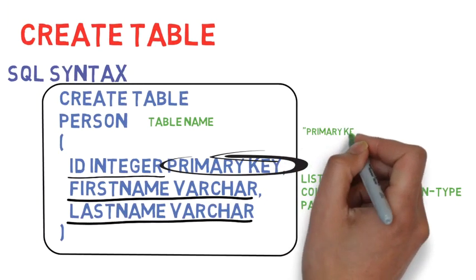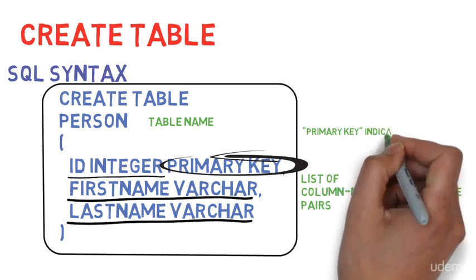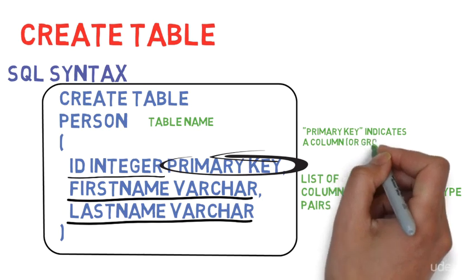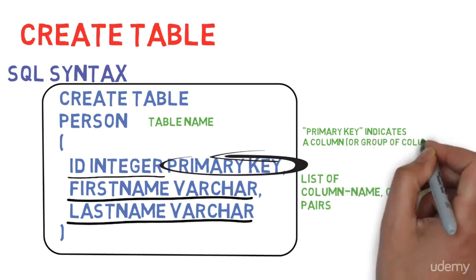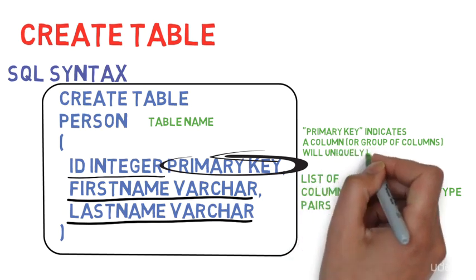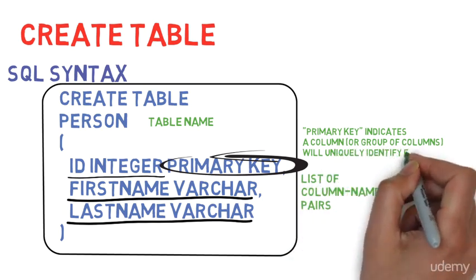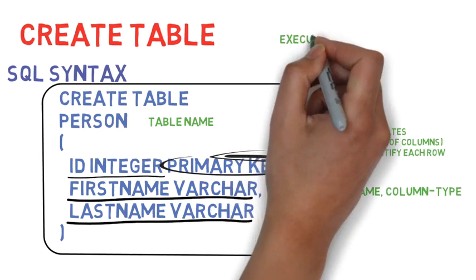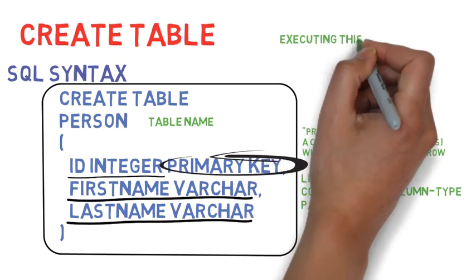The primary key basically is a uniqueness constraint of ID. It indicates that the ID for every person should be unique, and that is what is used to index the table. Basically, any lookups by ID will be very fast. That's what primary key means. Primary key can be for a column or a group of columns.